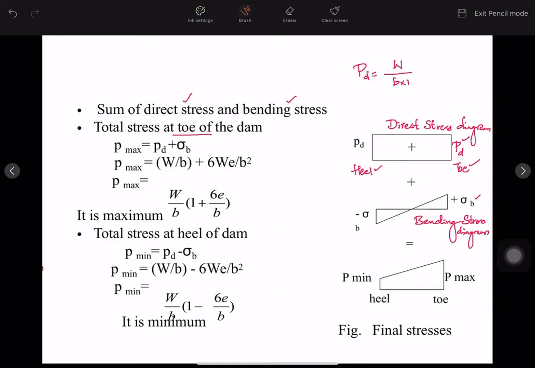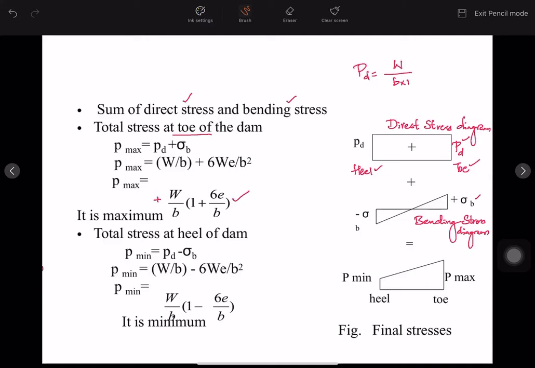PD is W by B and sigma B is 6We by B square. If we take W by B as common, we'll get W by B into 1 plus 6e by B, right?